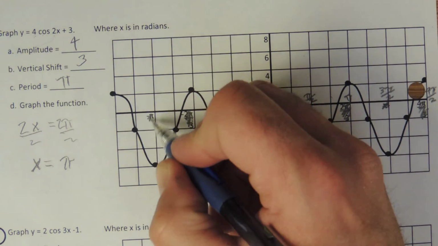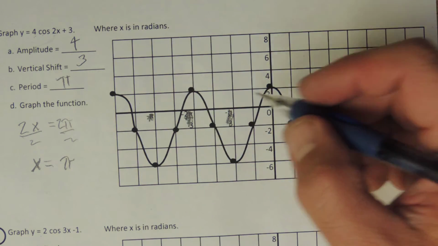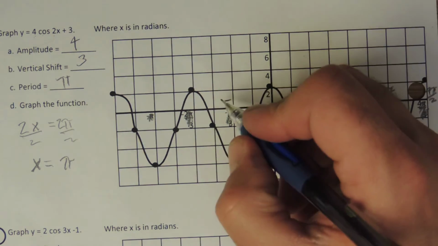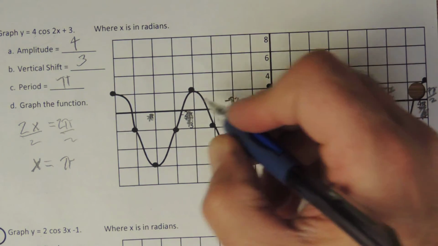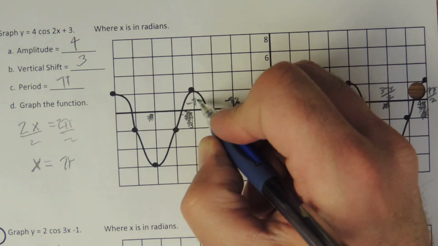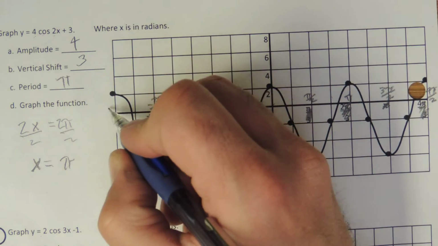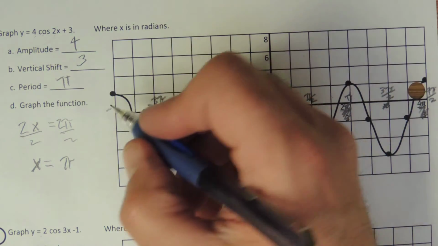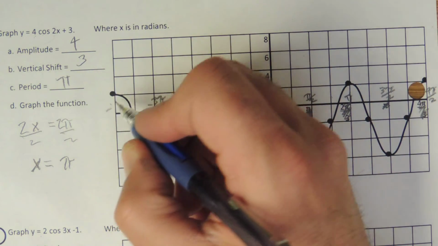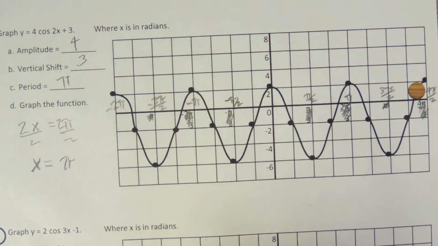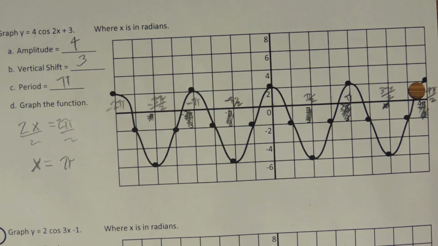Same thing on the negative. I'll just call it negative 2 pi instead of 4 pi over 2.